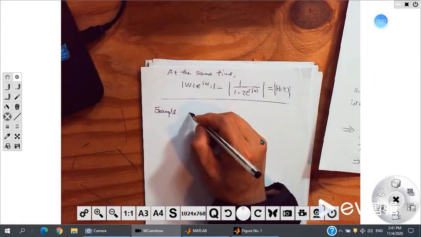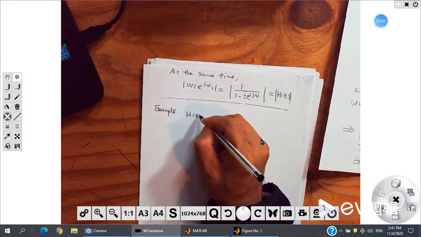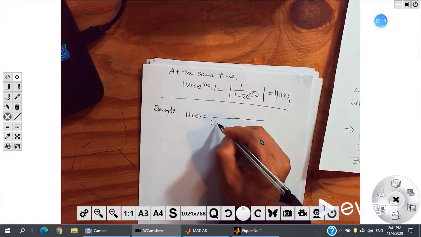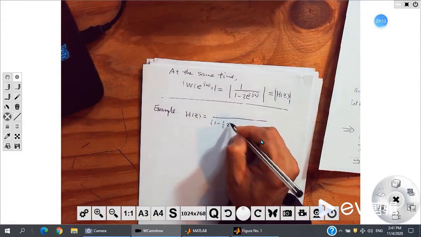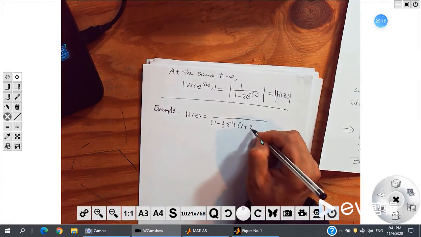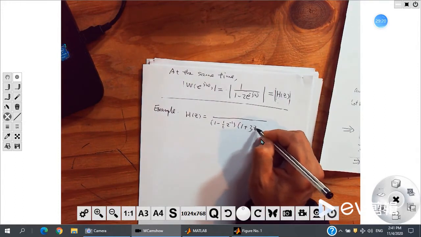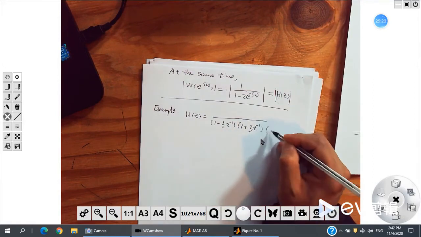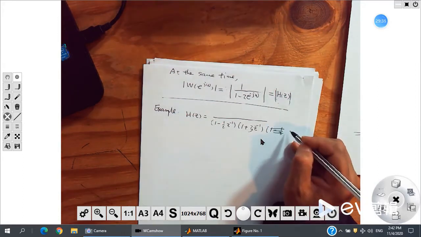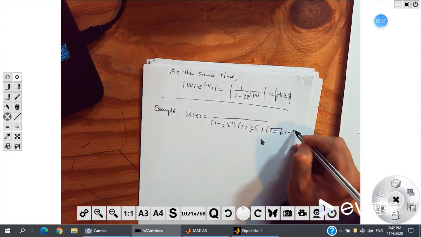We have a system H of z, which has several terms: 1 minus 1/2 z to the negative 1, times 1 plus 2 z to the negative 1, and times another 1 minus 1/3, I use 1/3, okay. 1 minus 1/3 is fine.